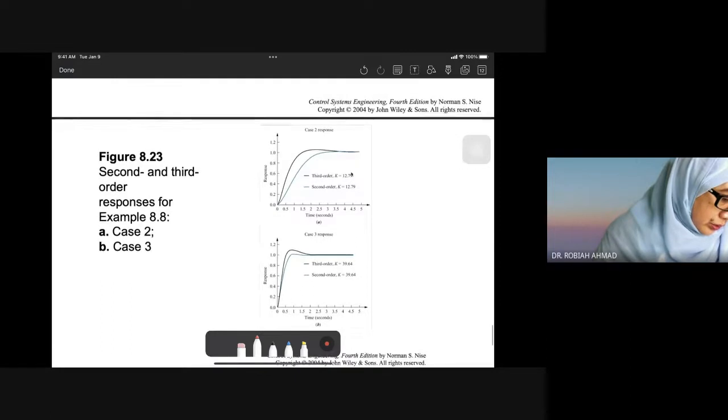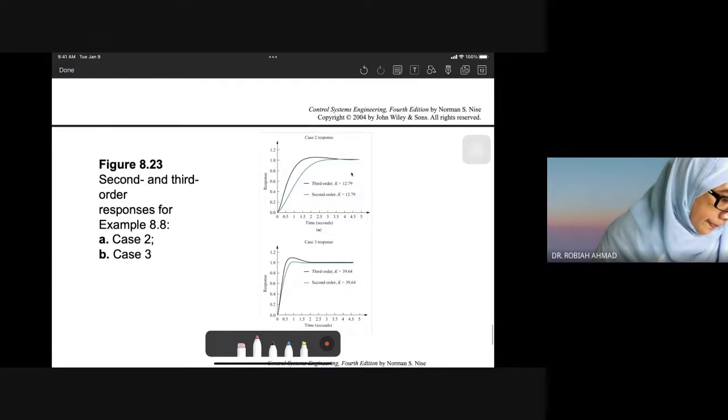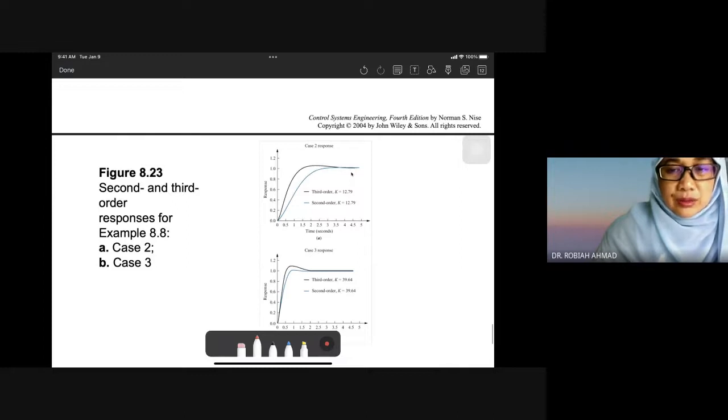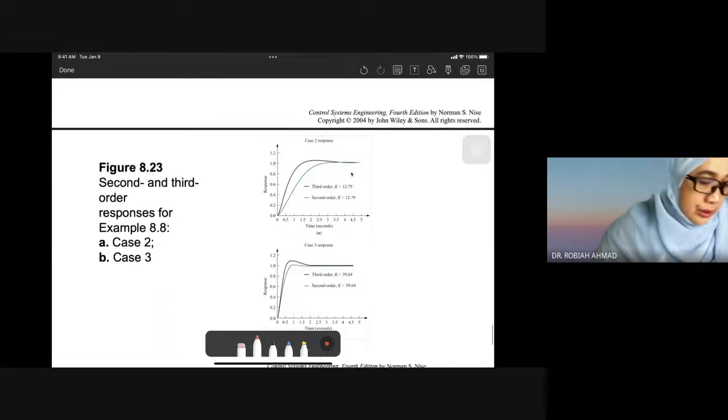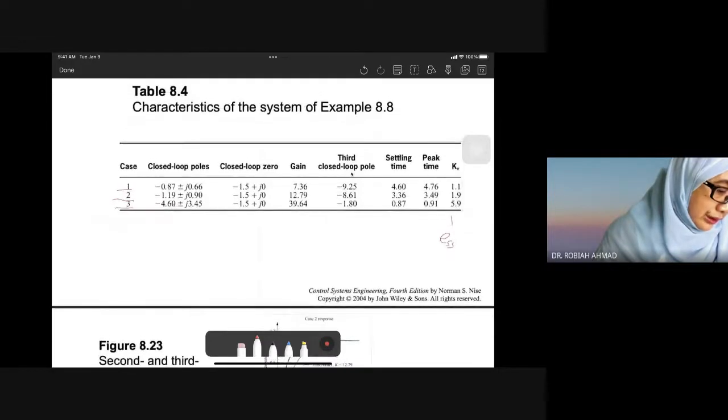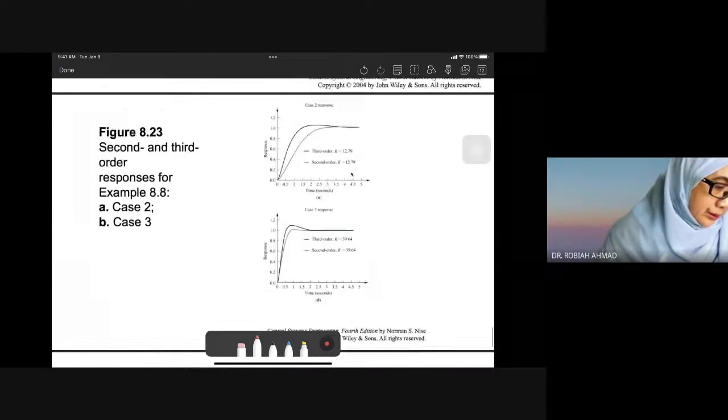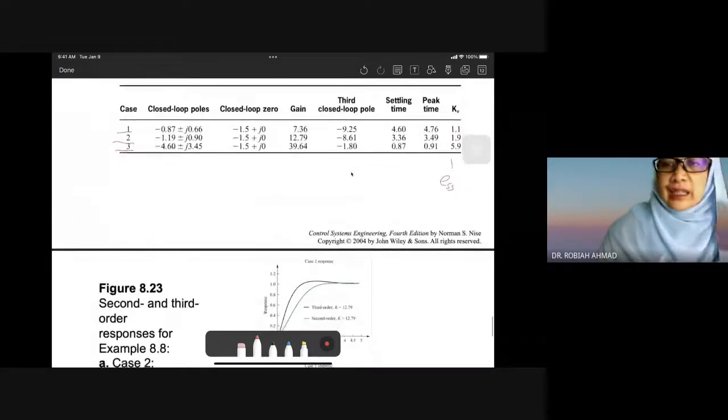If we look at the response for different cases, it affects the settling time and peak time, which show how fast the system responds and settles to the input. Okay, so I think that's it about lecture 13A. Any question?